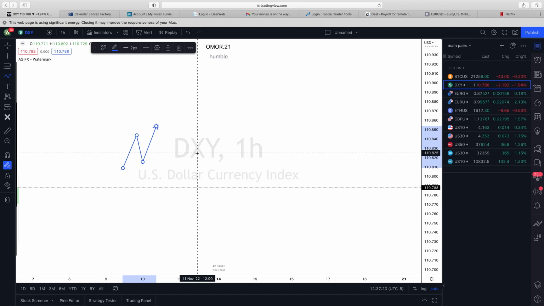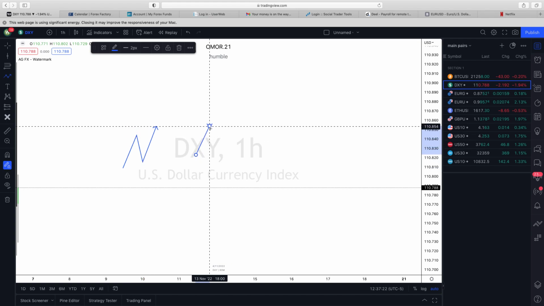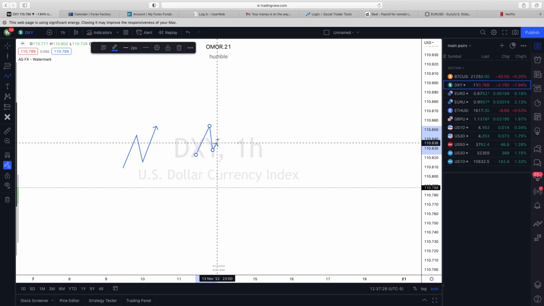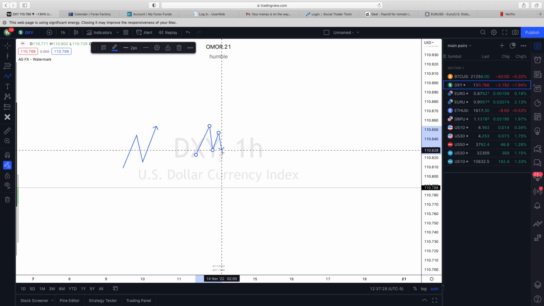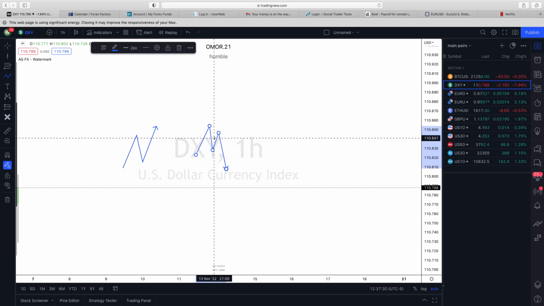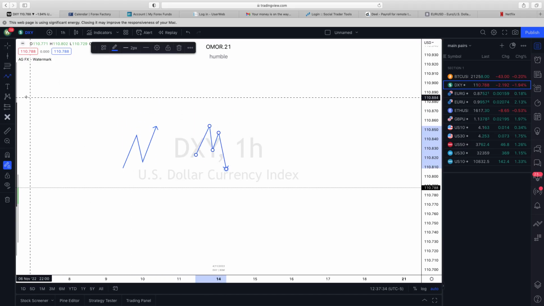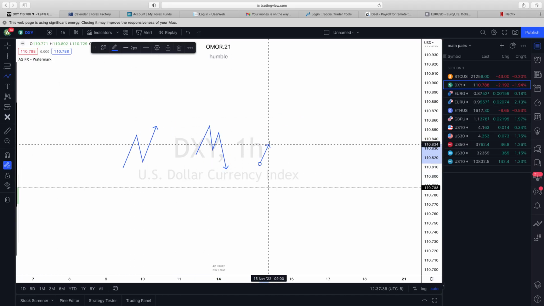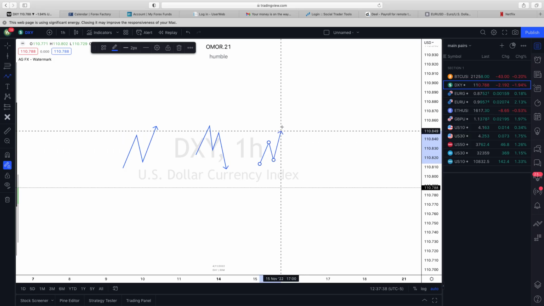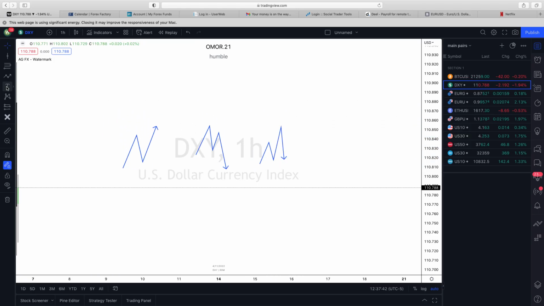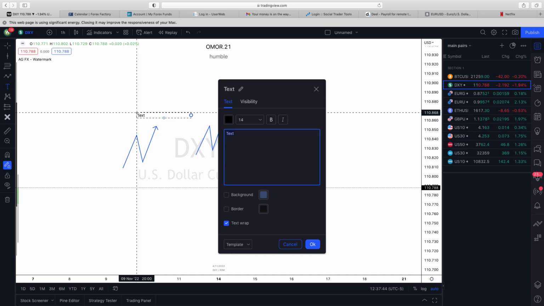The DXY, the Euro USD should make something like this, right? It makes a higher low, this should make a lower high. But then pound does this, right? So if I label this, just to make your notes easier for you guys.